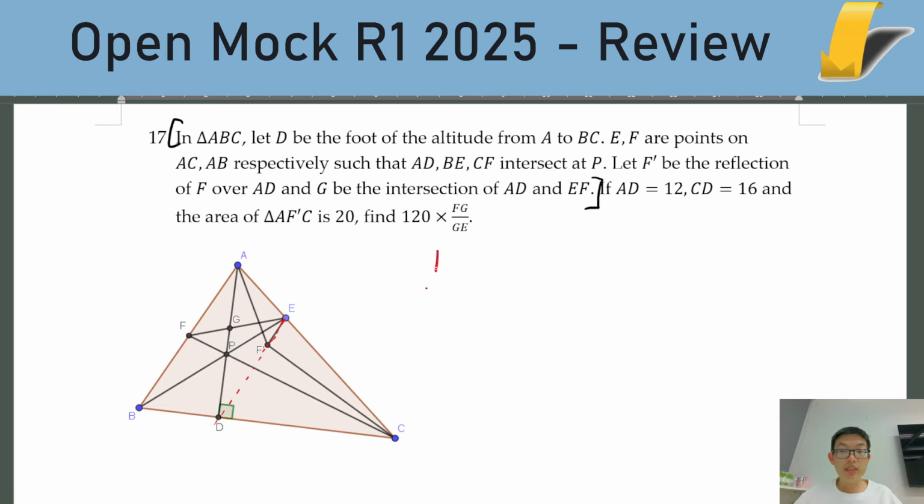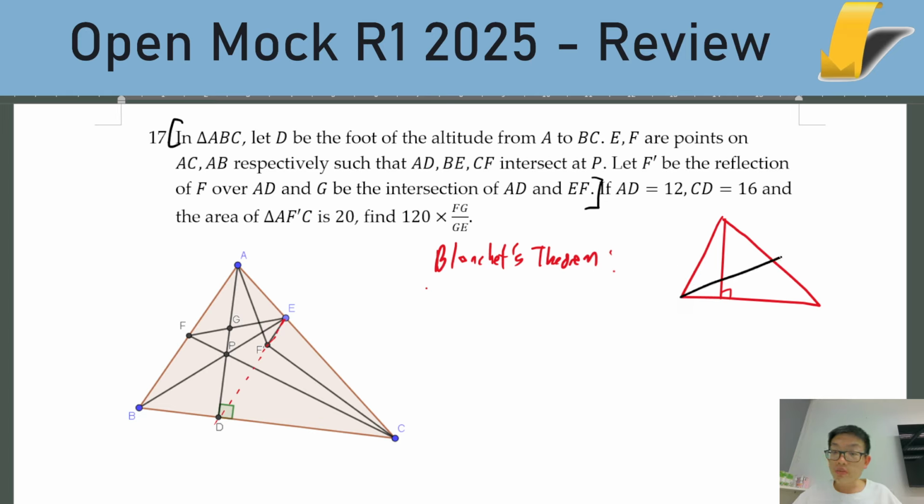This is actually Blanchard's theorem, that if you have a triangle and a perpendicular, and you just draw, well, basically what we have here, then these two would be equal. There are at least two well-known proofs of this. One involves extending and using some similar triangles.